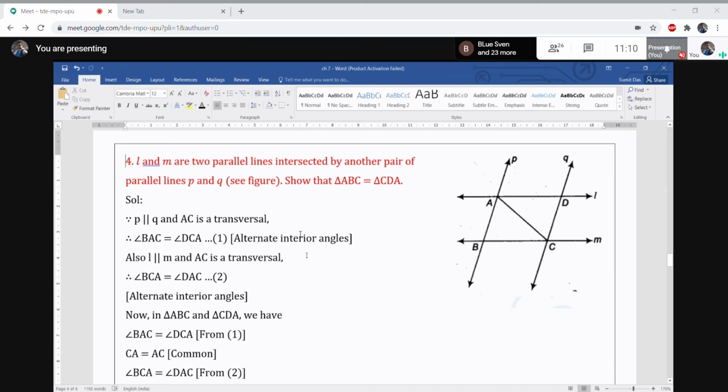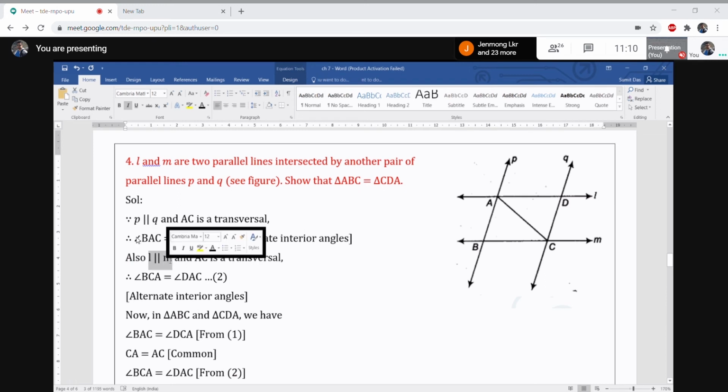Now, before starting the congruency thing, we have to write something. We saw that P and Q are parallel and AC is transversal. So we can write angle BAC and ACD are equal by alternate interior angles.